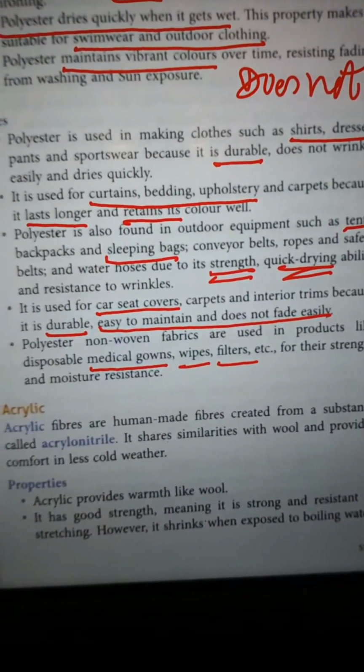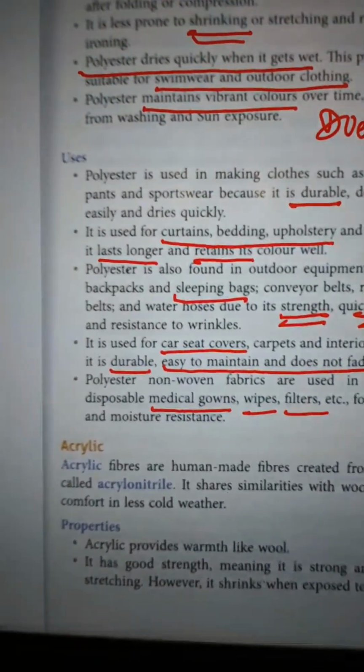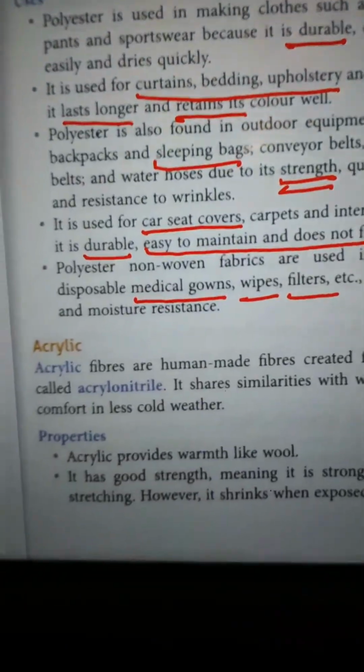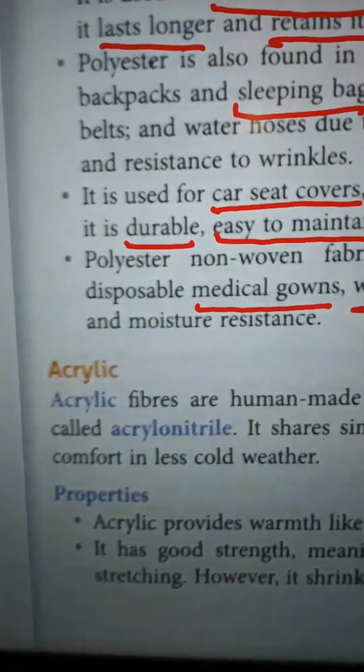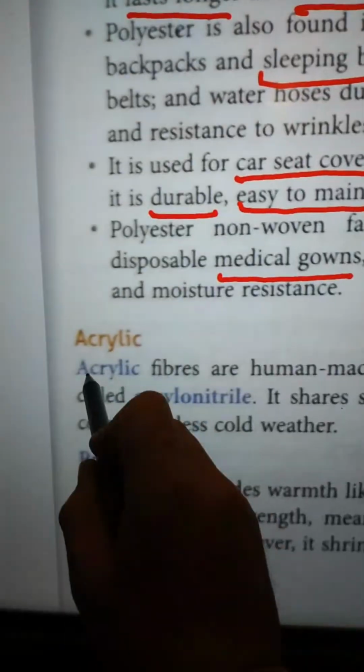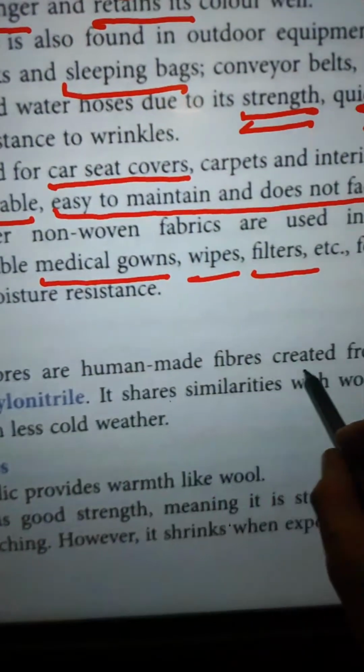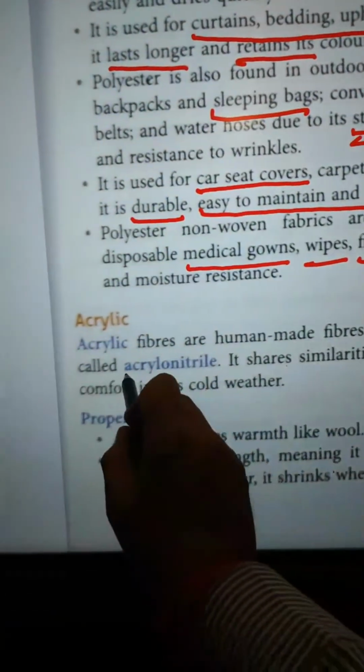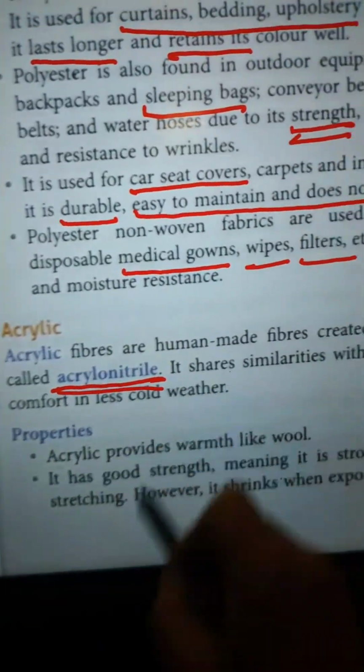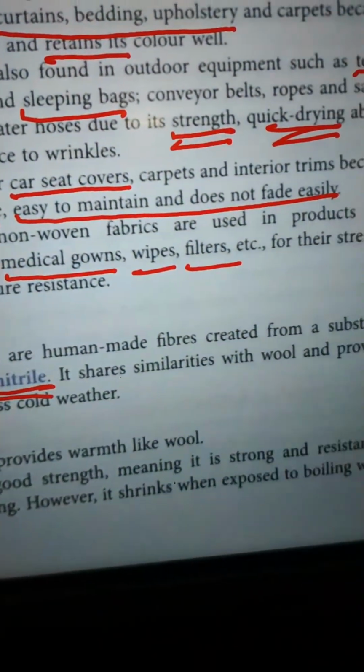So all the synthetic fibers have something in common based on their properties. Like acrylic fibers, which are human made fibers, it shares similarities with wool. It looks like wool.